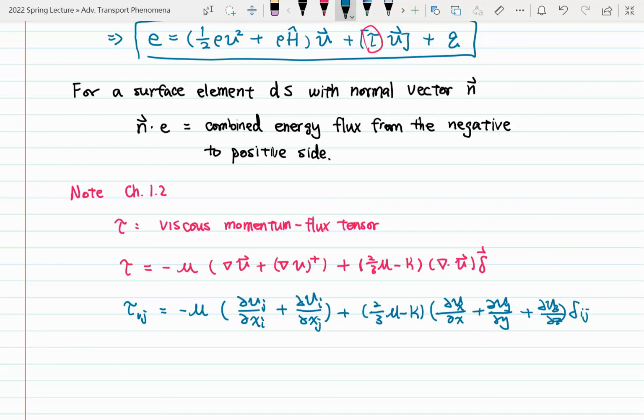Most of the time, we don't need to deal with the latter part. So usually we just need to focus on the first part.